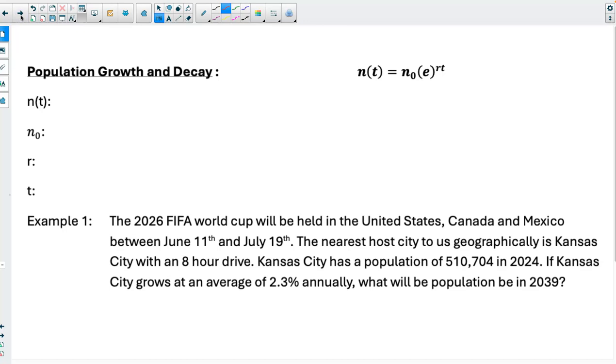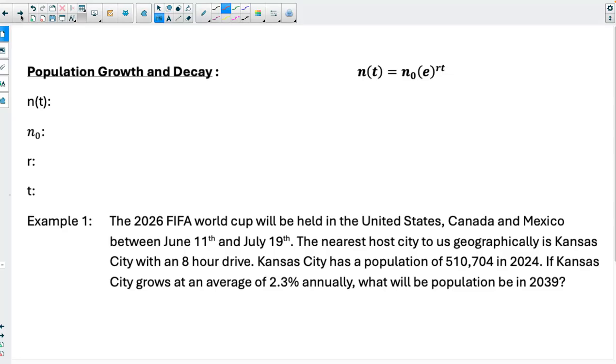What do you think all those things are? What do you think N of t is? What was A of t? It's your final amount after a certain amount of time. It's still your final amount. You don't have to write it down, you can if you want.